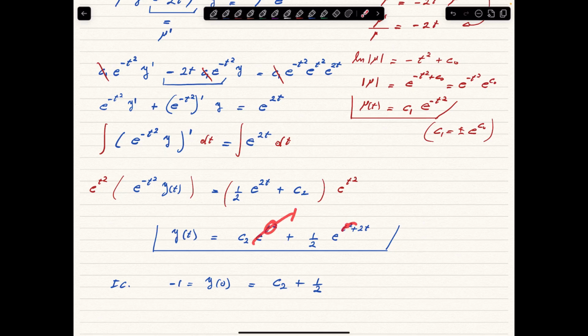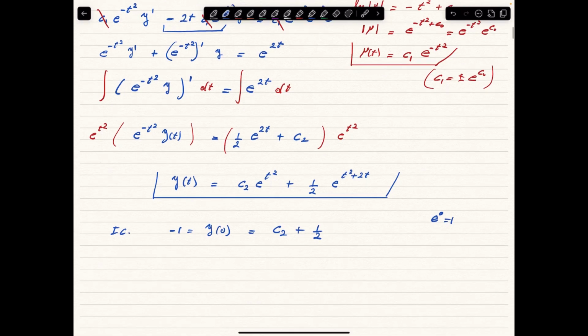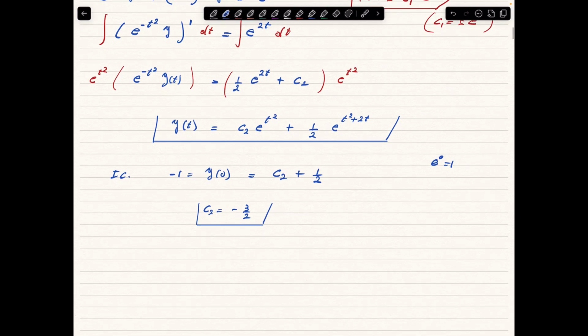The t squared at 0 is 0, and exponential of 0 is 1. So what I use here is that, of course, exponential 0 is 1. And there it is. c2 is -3/2. Once we have that, we have the solution.